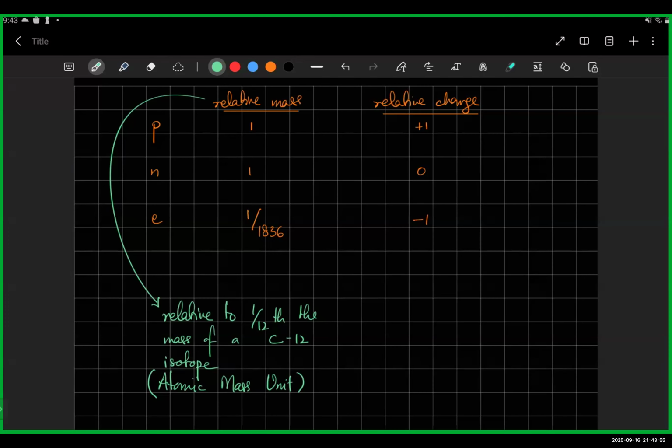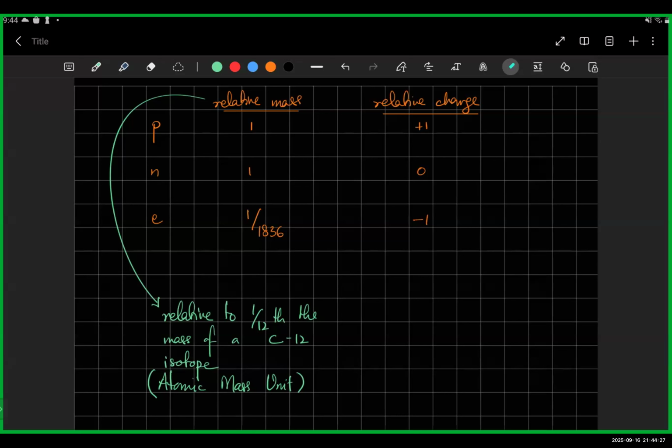Now one major difference that you have between IGCSE and A levels, or AS level, is that the proton does not actually have a mass of exactly 1. Okay, it's something that's very close to 1, but it's not exactly 1. If you just Google proton mass relative, it will tell you the exact value.